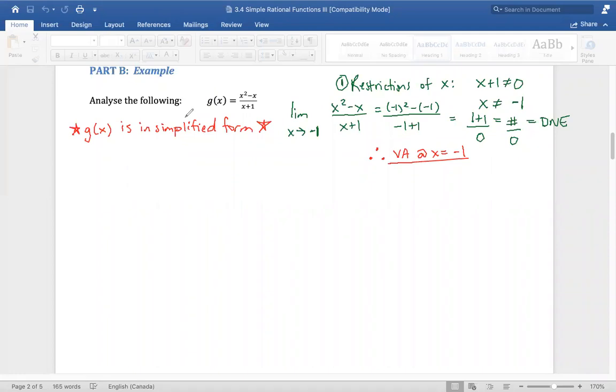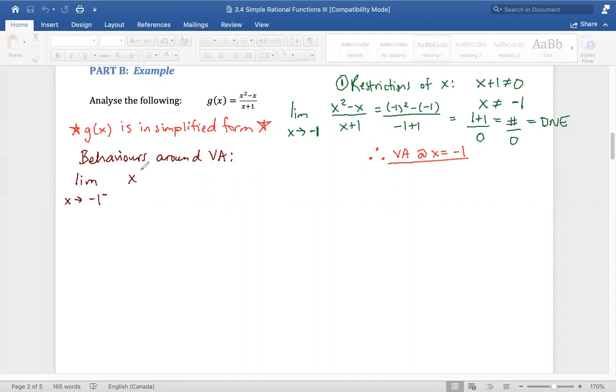So let's look at our behaviors around the vertical asymptote. Looking at our limits. Limit as x is approaching -1 is our vertical asymptote, but from the left.